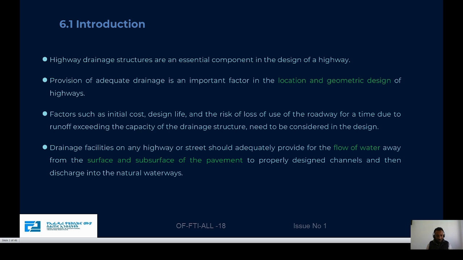Drainage systems on the highway should be adequate to provide for the flow of water away from the surface of the pavement to the proper design channels, and then discharge into the natural waterway.